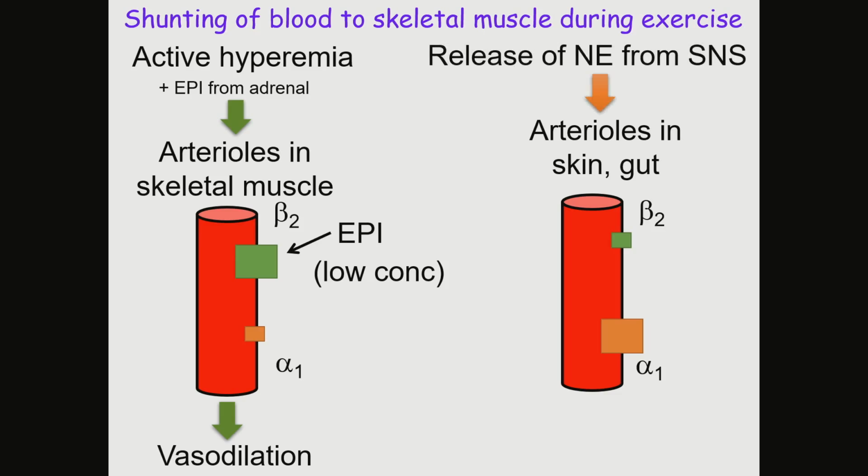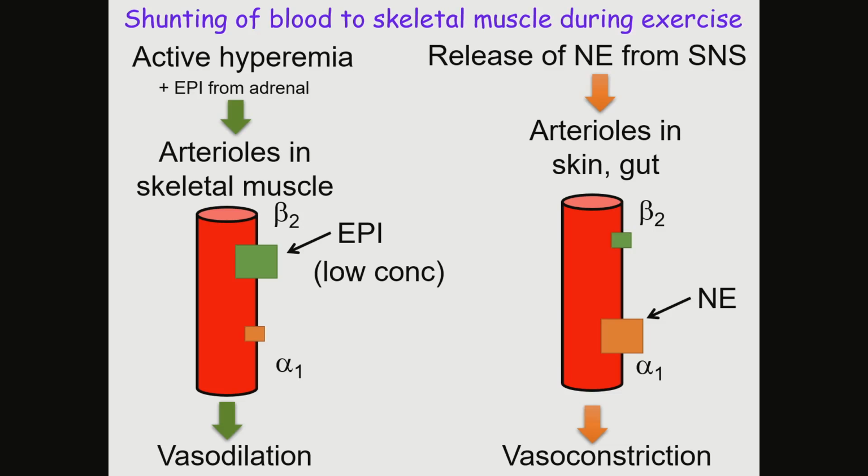But I also have norepi being released from the sympathetic nervous system, and that is going to bind to the alpha-1s on our blood vessels that are feeding our skin and our GI tract, causing vasoconstriction. So I'm shunting blood from my skin and my gut to my skeletal muscle.